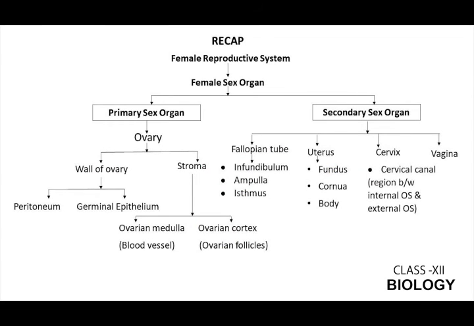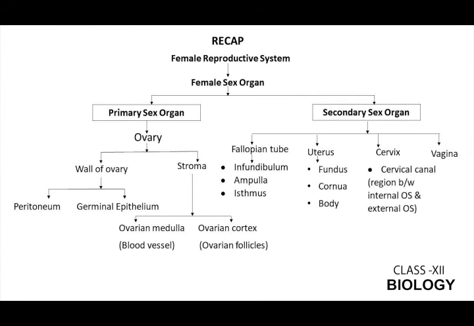Female reproductive system, as we have studied, is made up of female sex organs. Basically it is divided into primary sex organ and secondary sex organs. Primary sex organ is the ovary. Ovary has a wall called peritoneum, and inner to this peritoneum are cuboidal cells known as the germinal epithelium.